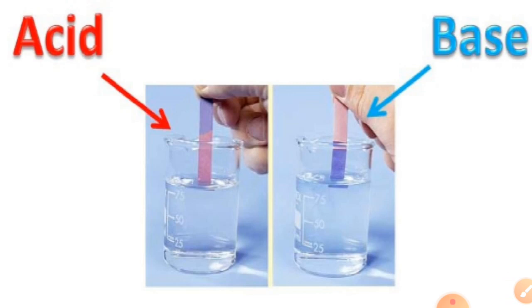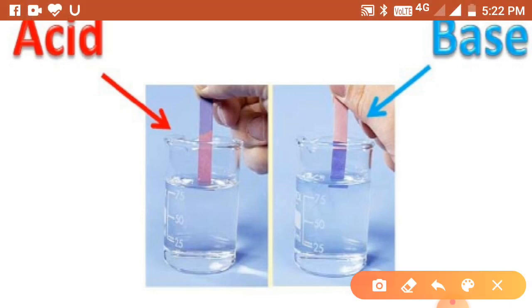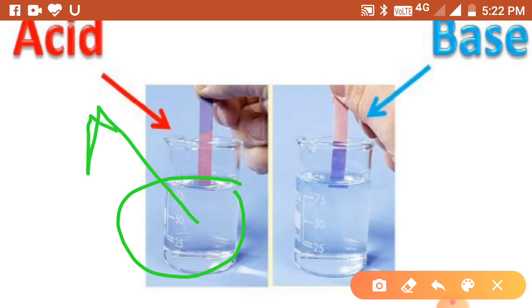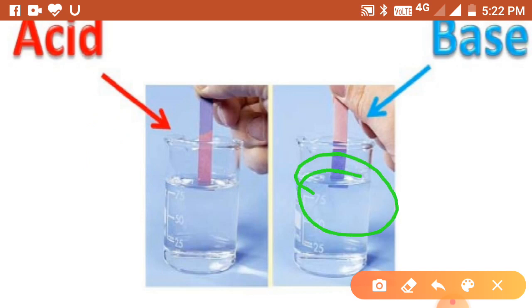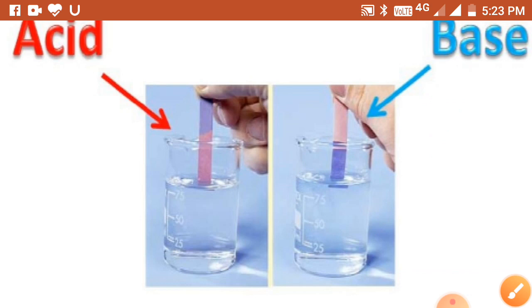When we dip the blue litmus paper into any solution and its color changes into red, that means it is an acid. And similarly, when we dip the red litmus paper in any solution and its color changes into blue, that means it is a base, because these litmus papers are made from the lichen solution.